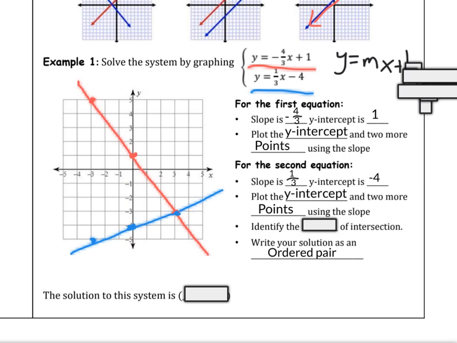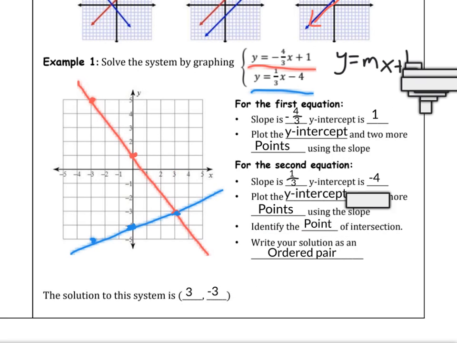Now we want to identify the point of intersection and write that solution as an ordered pair. The point of intersection where those two lines cross is right there. If we find that point, that's going to be 3, negative 3. So the solution of this system is 3, negative 3.